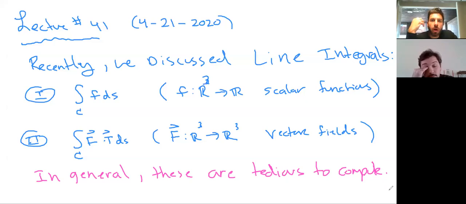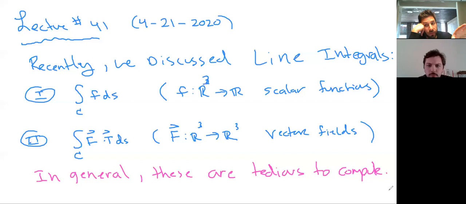And when we're always looking for a better way, we think about the simplest type of case. And so the simplest line integral is one where you're not integrating over a curve, but you're integrating over a line, in particular, an interval from, say, a to b. So if you integrate a function over the line on the x-axis from x equals a to x equals b, that's just a traditional integral.